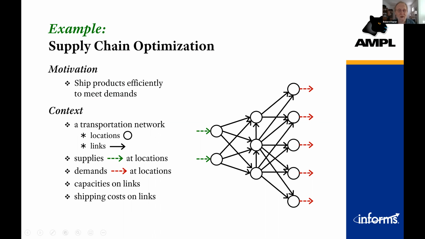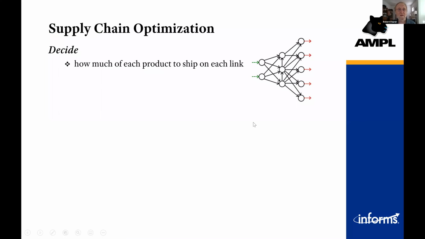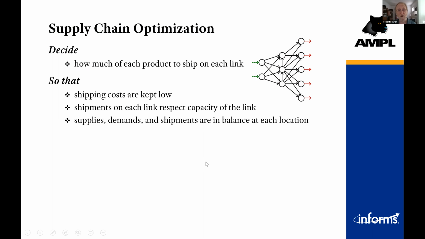So there's a simple but not entirely trivial model, in the case where I want to do some optimization. And the key is I want to decide how much of each product to ship on each link so that the shipping costs are kept low, but I meet all the requirements, okay? I respect the capacities and I respect the supplies, I meet the demands, I balance shipments at every node, okay?